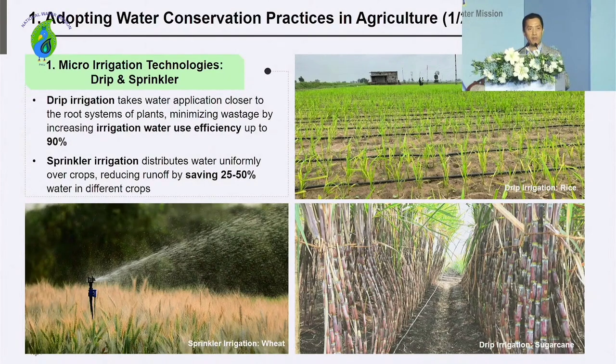We see convergence also coming up with different schemes, not only of the schemes of the ministry, but schemes of other related ministries and departments also. We are now not only limiting it to horticulture crops, we are now moving to field crops, micro irrigation in field crops also.